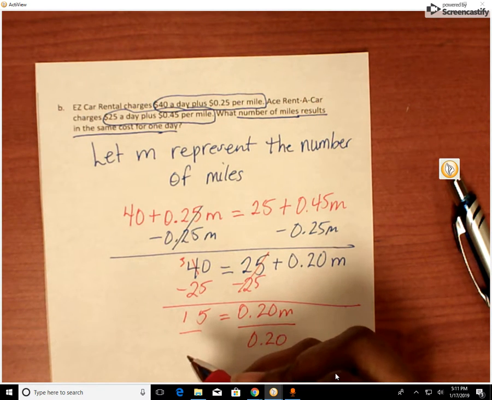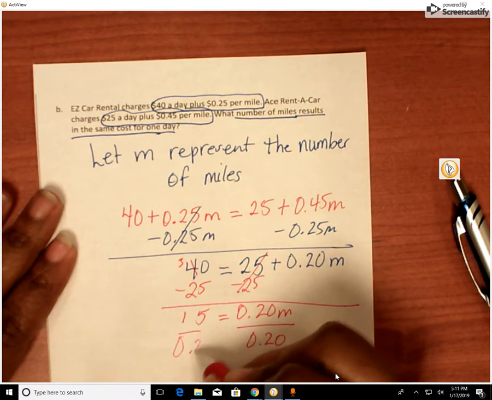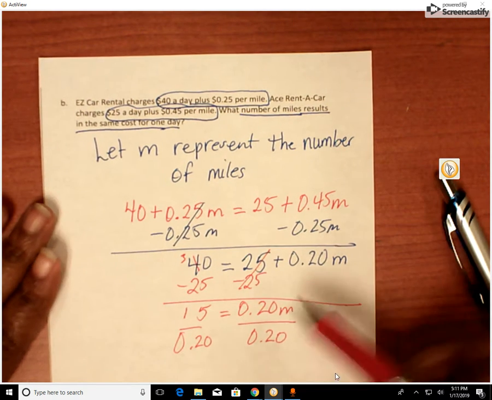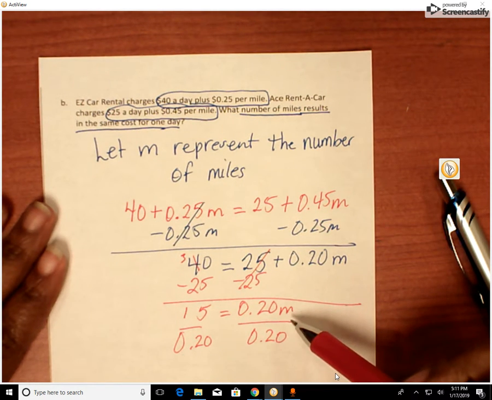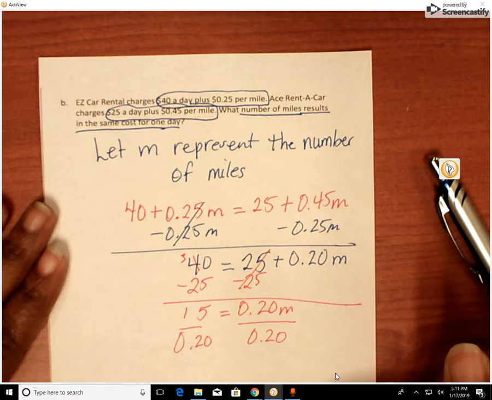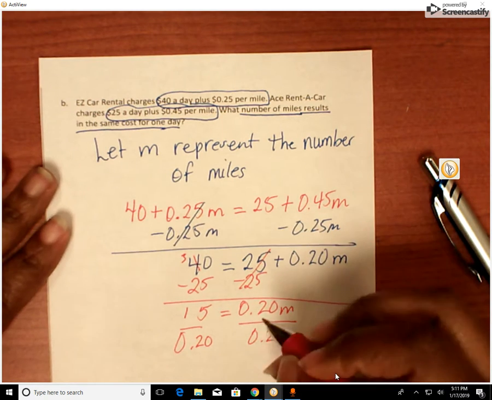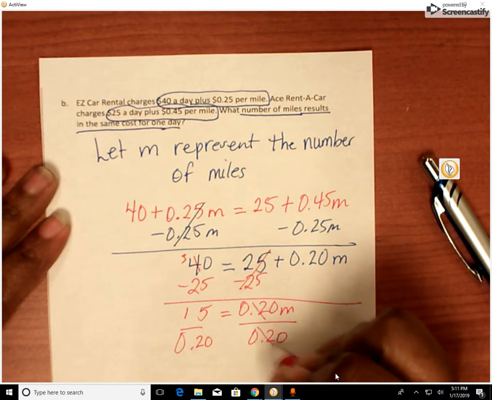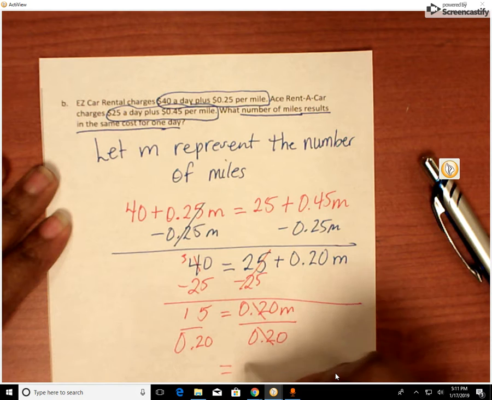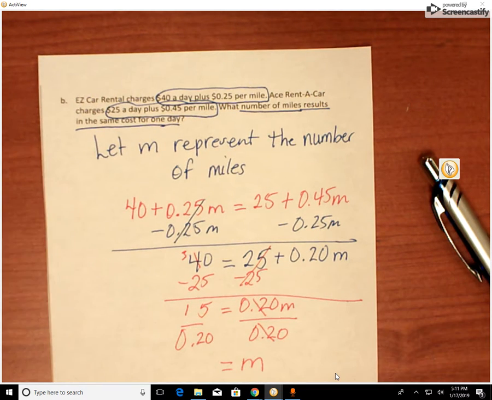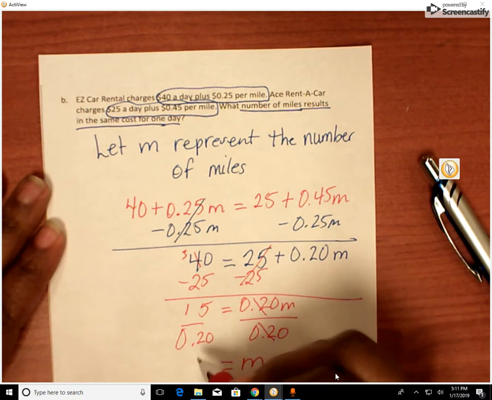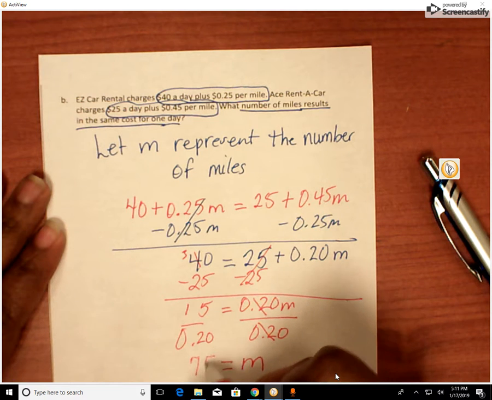So we are going to divide both sides by the coefficient. Why divide? Because 0.20 times M. The inverse of multiplication is division. We learned that in previous lessons. So 0.20 divided by 0.20 gives me 1M, just one living M. And then 15 divided by 0.20 is 75.